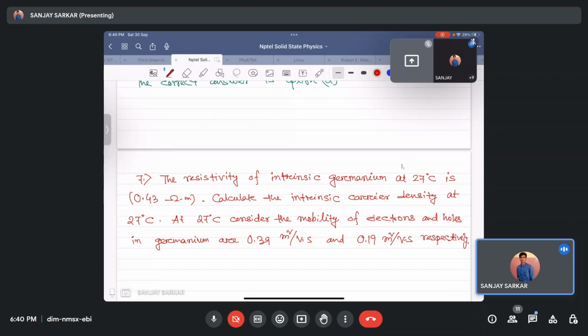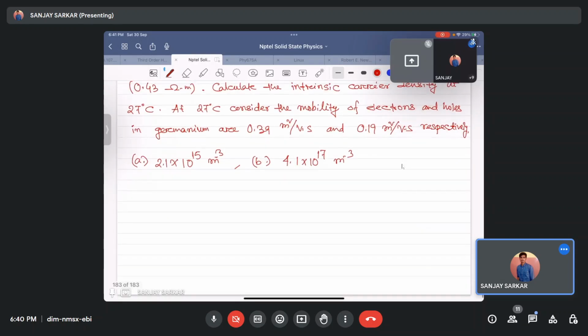So can you solve this? This question is similar to the first question I have solved today. So you need to use the formula of conductivity for a semiconductor. These are the options. Option B is 4.1 into 10 to the power 17 meter cube inverse.